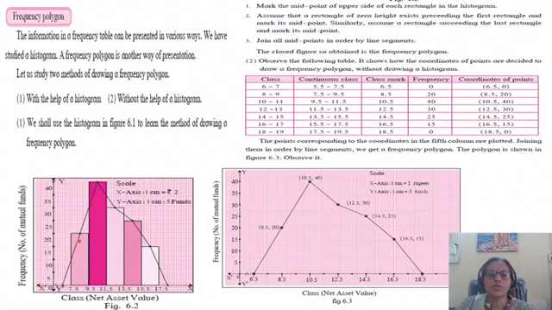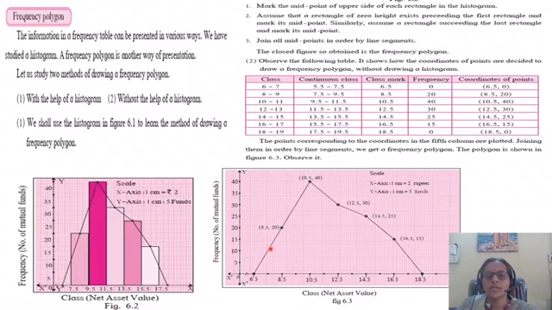Join all those midpoints with the help of pencil and ruler. Whatever figure you get here is a frequency polygon. This is the method when you draw a frequency polygon with the help of a histogram.